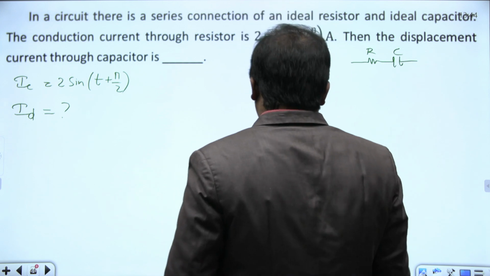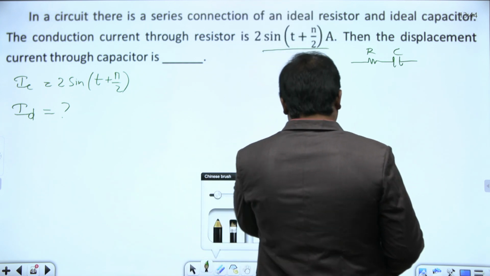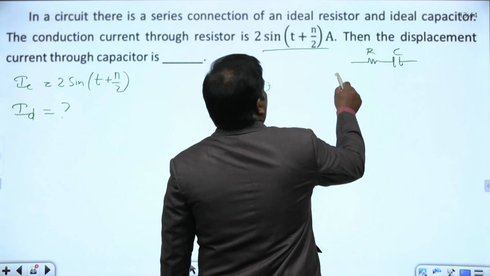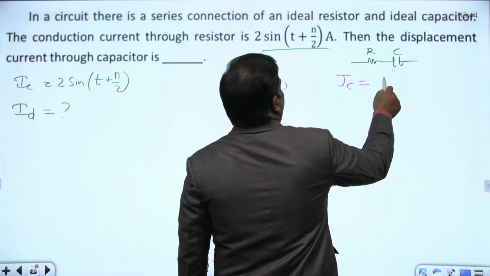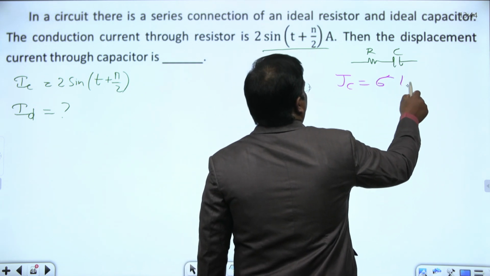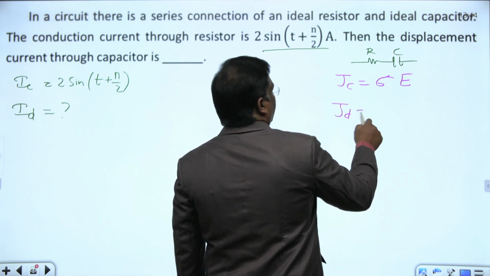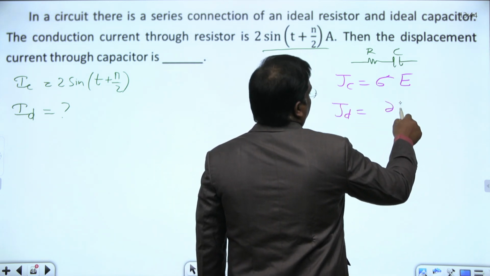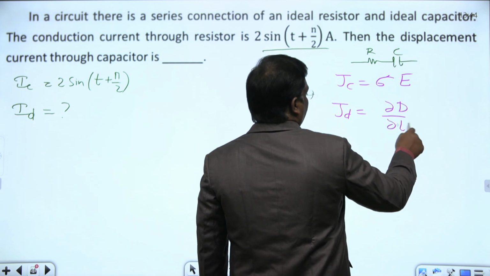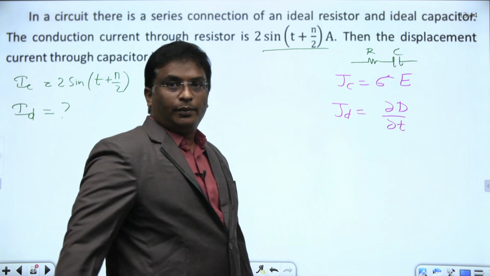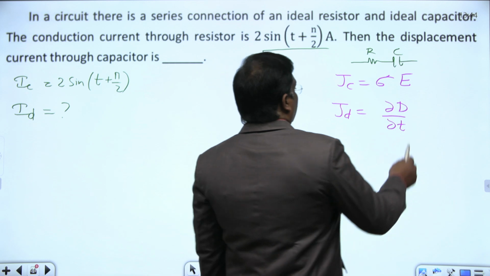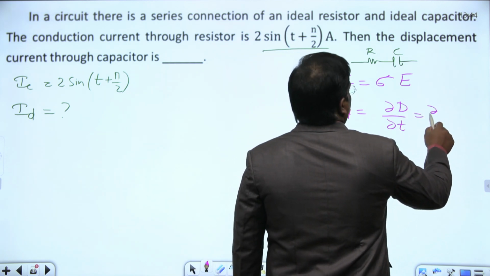Okay. Actually, here is some basic thing you require to know. JC, the conduction current density, is nothing but sigma into E. The displacement current density JD is nothing but dou D by dou t. If you know dou D by dou t, that's all. And this D, how is it related to E?